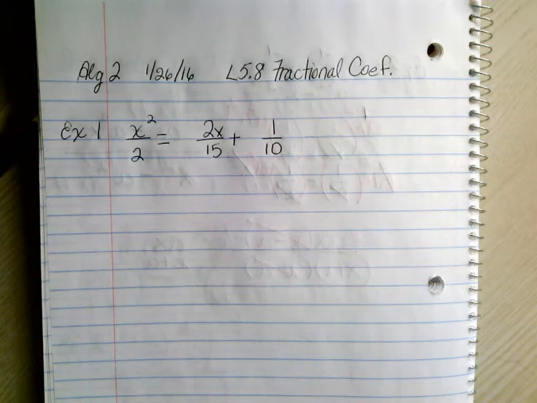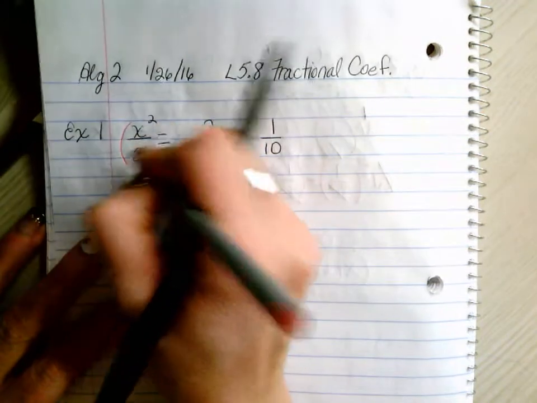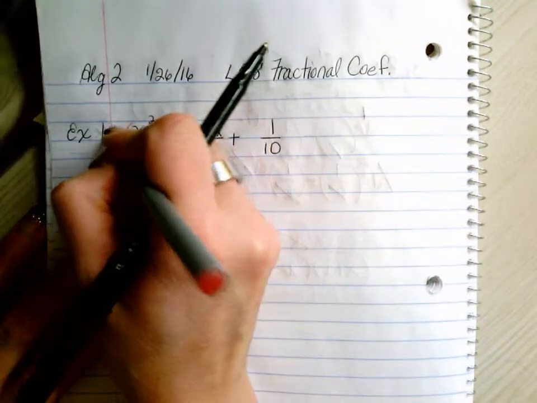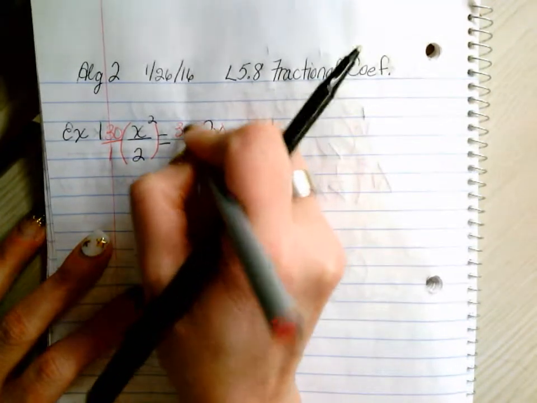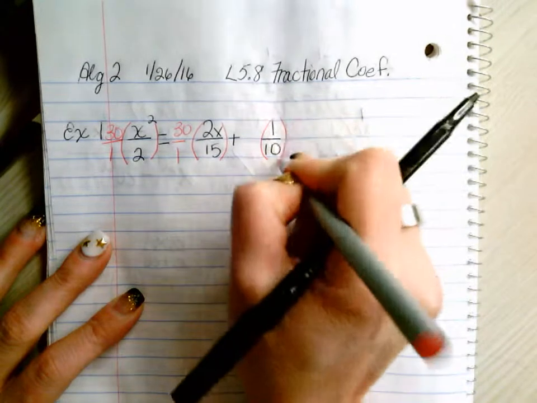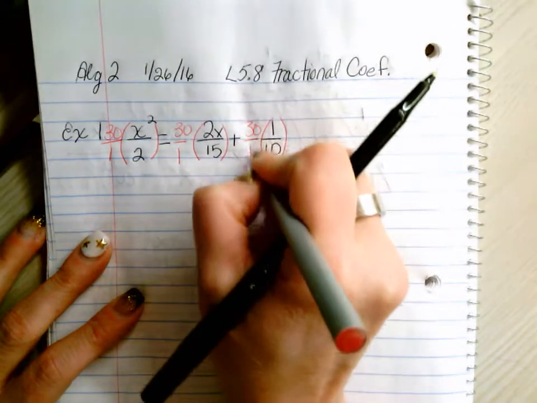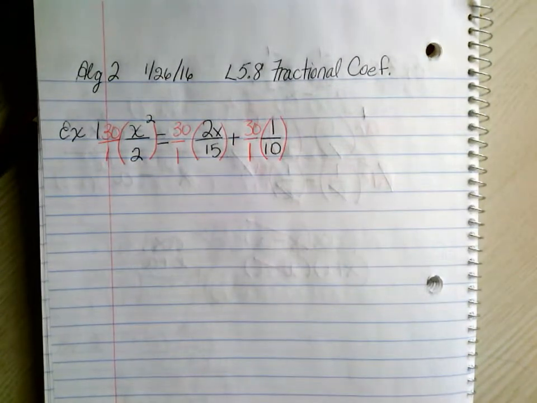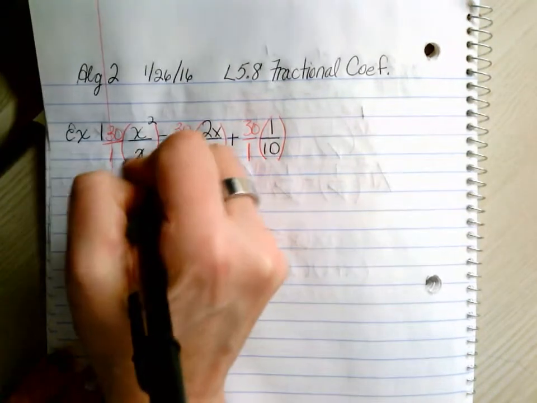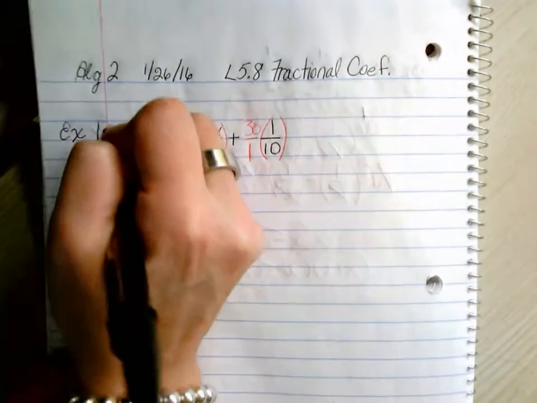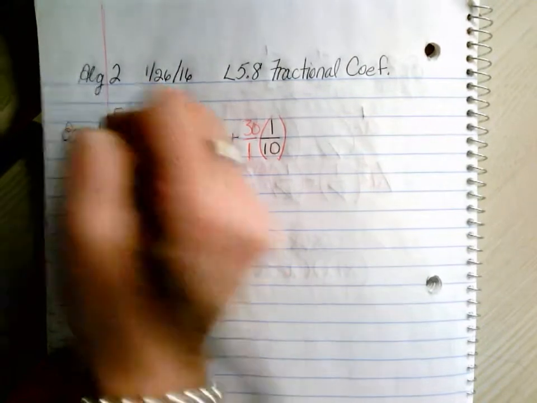Clear the fractions. The way you do that is by multiplying everything by the least common multiple, which happens to be the lowest common denominator. So everything gets multiplied by 30. If you do that, you're going to cross cancel, and in the end, that eliminates the denominators.